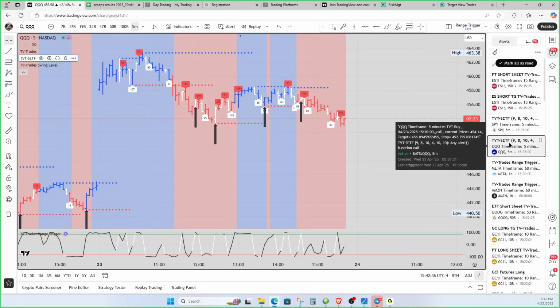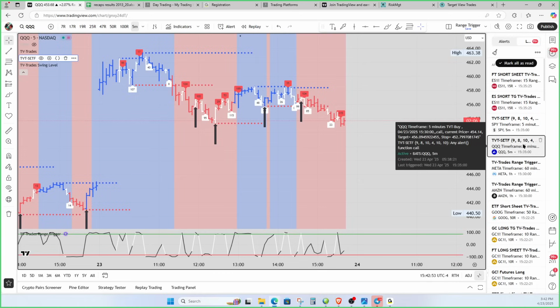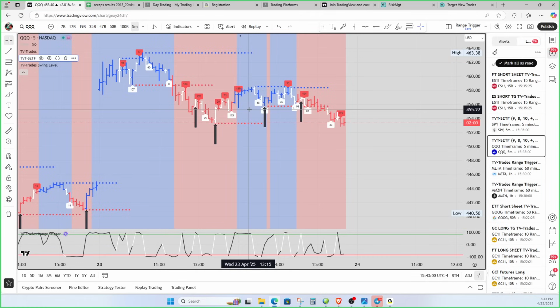So this one right here says current price 454.14 with a target of 456.09. So that was this one with a target of 456.09.